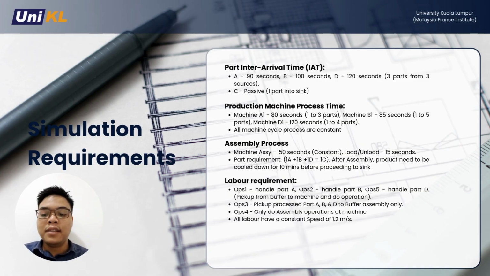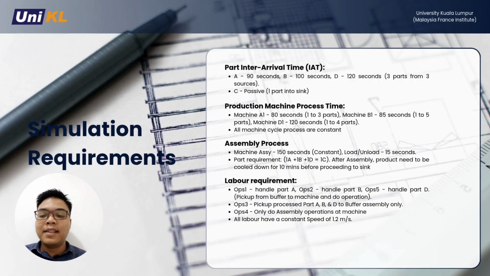Machine A has a total output of 3, Machine B has a total output of 4, and Machine D has a total output of 4 parts. The assembly machine has a cycle time of 150 seconds, combining parts A, B, and D to make part C. All machines have constant logic processing. In the end, assembled part C needs to be cooled down for 10 minutes before entering the sink.